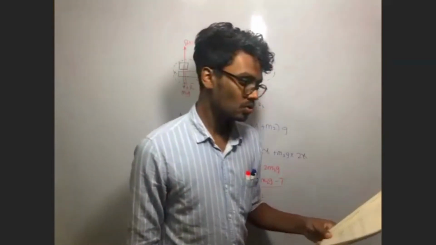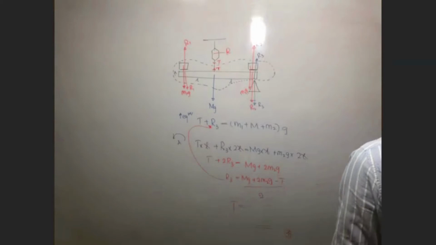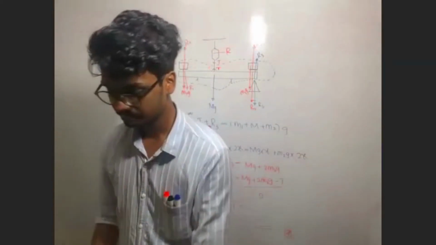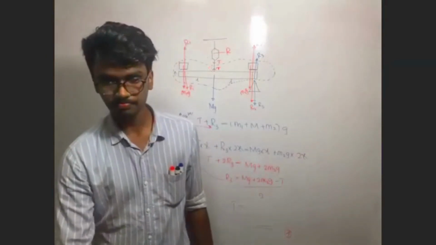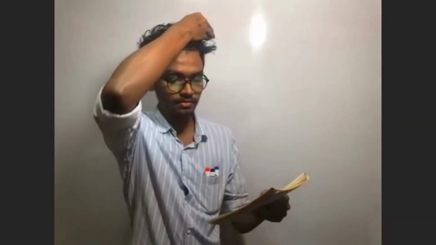Let us move on to the 2003 problem, the 18th one. The 18th question says, three masses A, B, and C are hanging from horizontal crossbars as shown in the figure.